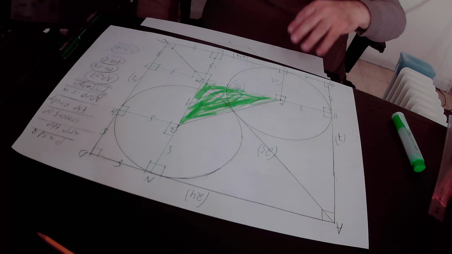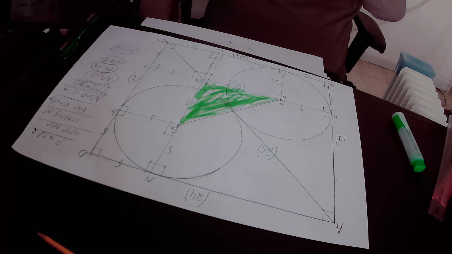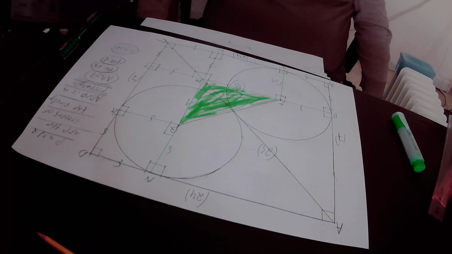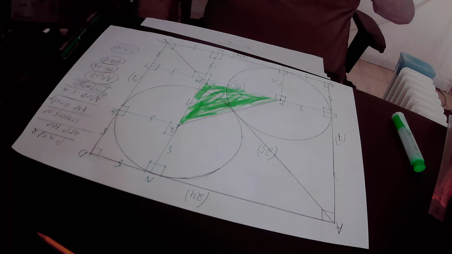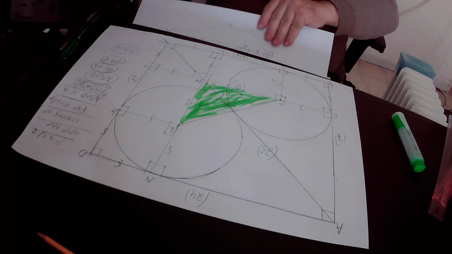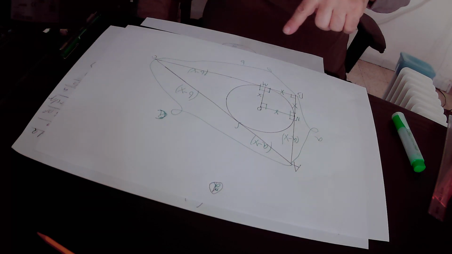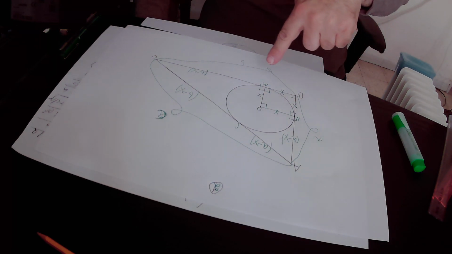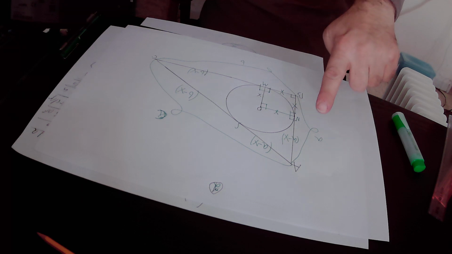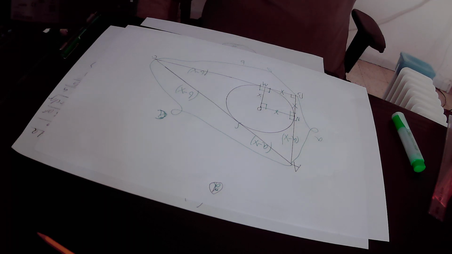we actually proved the general formula for the radius of a circle that is blocked by a right triangle.